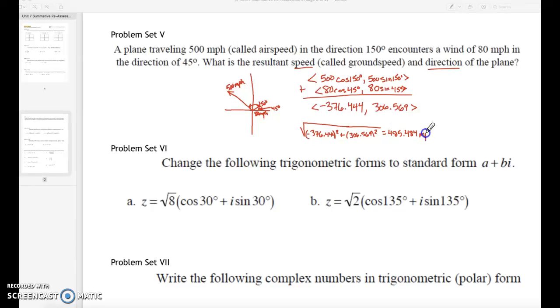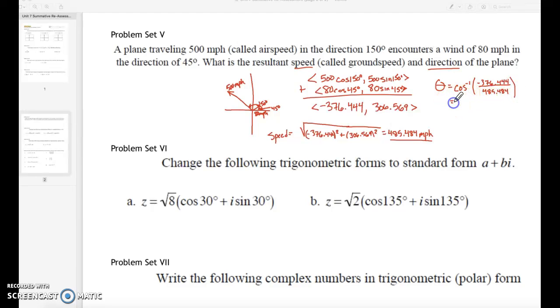That's our ground speed. Okay, so that's the speed of this plane encountering this particular wind. In order to find the direction angle of the plane, we're going to take the inverse cosine, and we're going to divide our x value, negative 376, by the speed, 485.484.